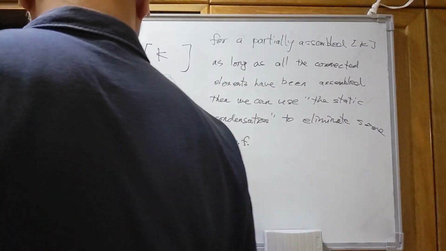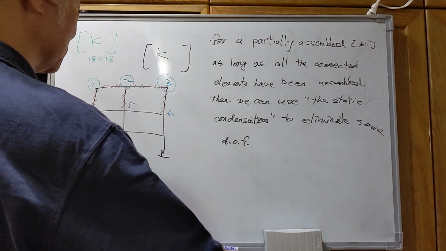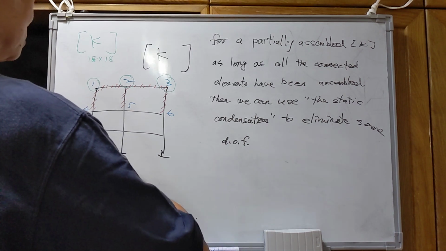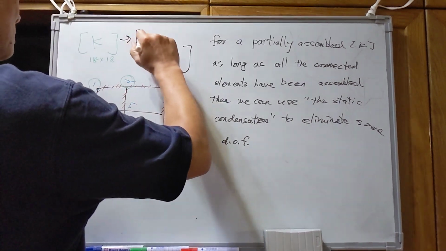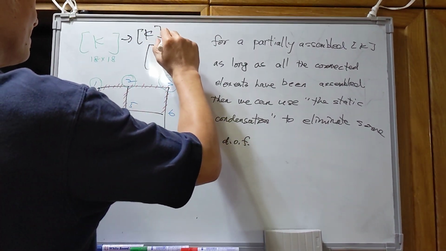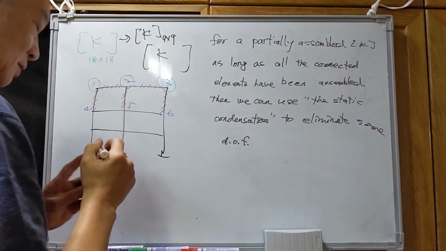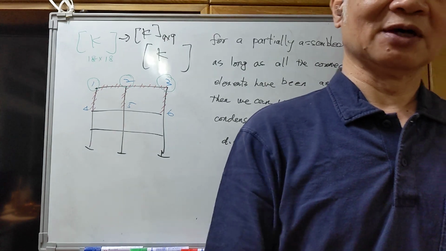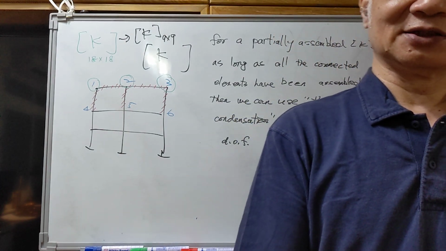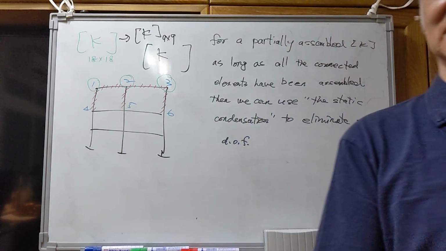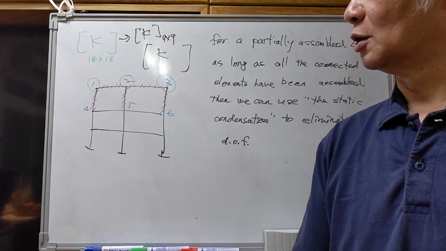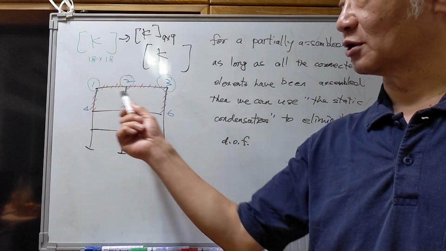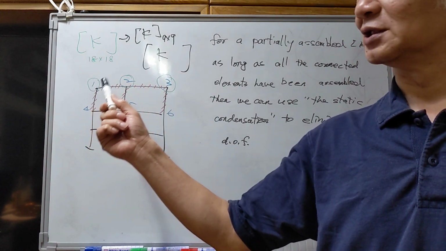But if we use the static condensation, this matrix can be changed. For this assembled global K matrix, we can eliminate the degrees of freedom related to nodal points 1, 2, and 3. So there are 9 degrees of freedom that can be eliminated.